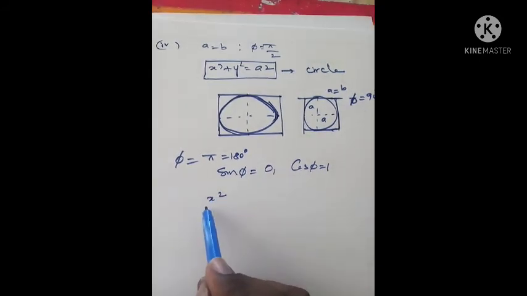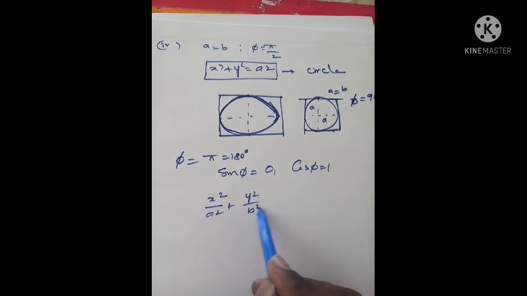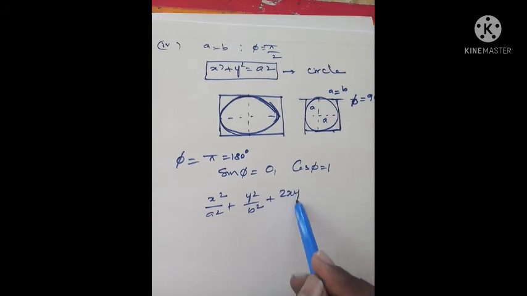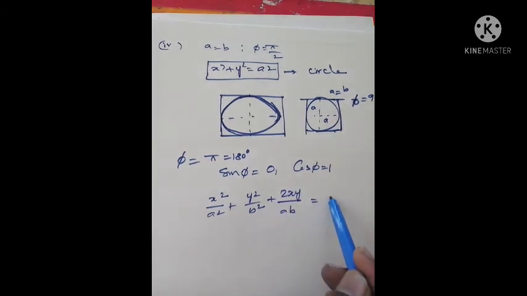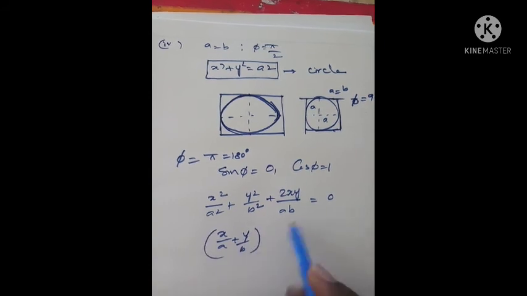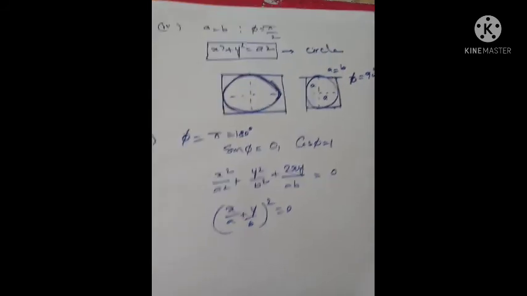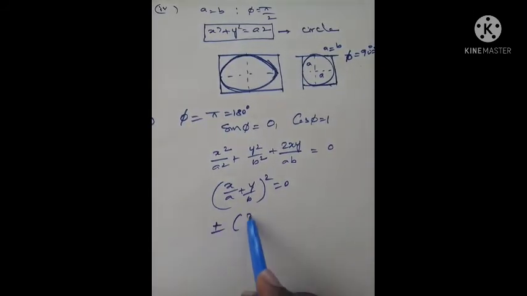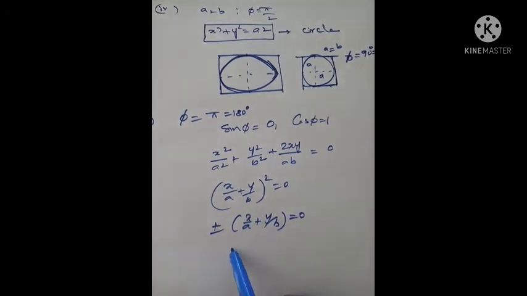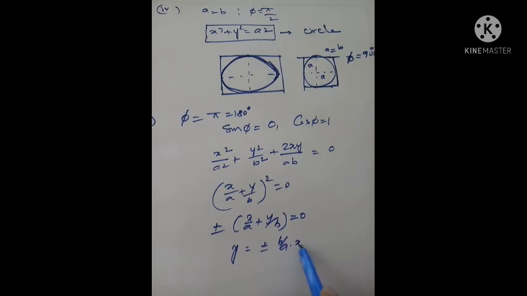We get x square by a square plus y square by b square plus 2xy by ab equal to 0, and finally x by a plus y by b, whole square, equal to 0. So we get plus or minus x by a plus y by b equal to 0, and finally y equal to plus or minus b by a into x.